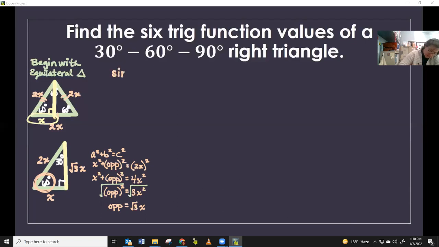So I want to do sine of 60 degrees, cosine of 60 degrees, tangent of 60 degrees. What is the sine of 60 degrees going to be?